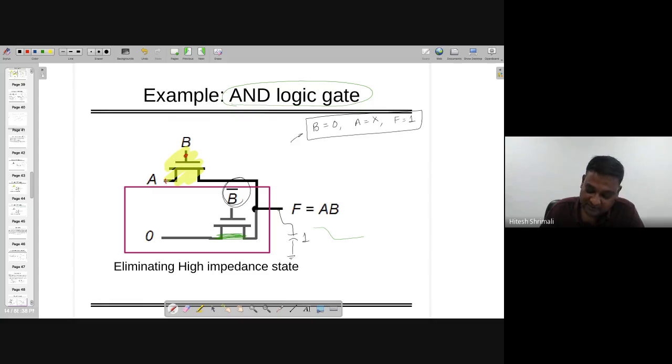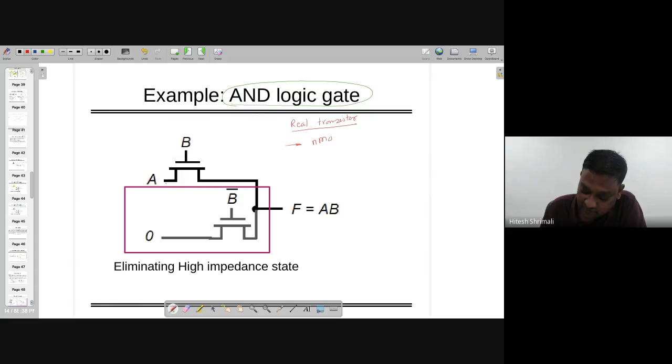So this one is pretty popular in that case, but still there is a problem. Now let's understand one more fact: this is not an ideal transistor, it's a real transistor. So if it's a real transistor, we learn one thing: NMOS is the one which can transfer logic 0.